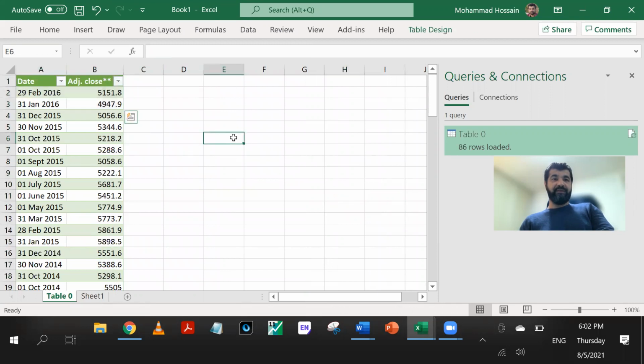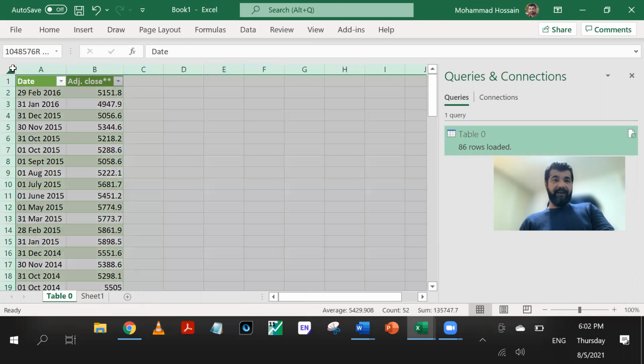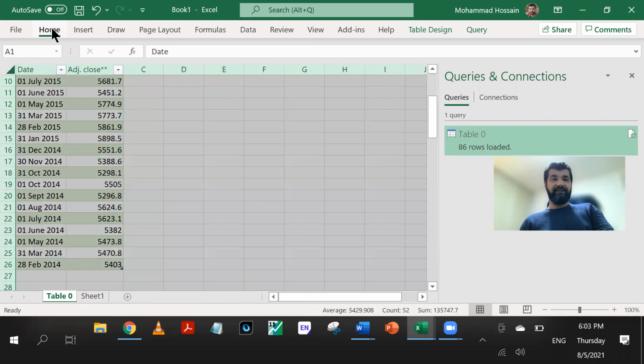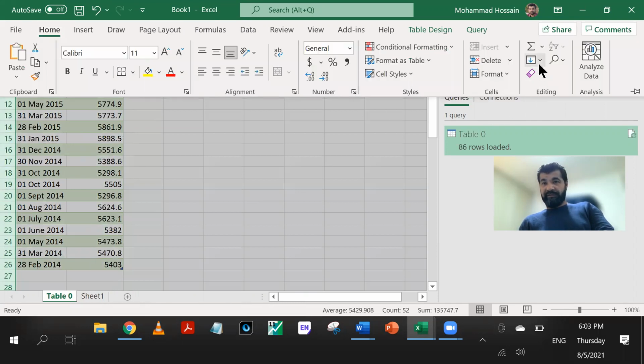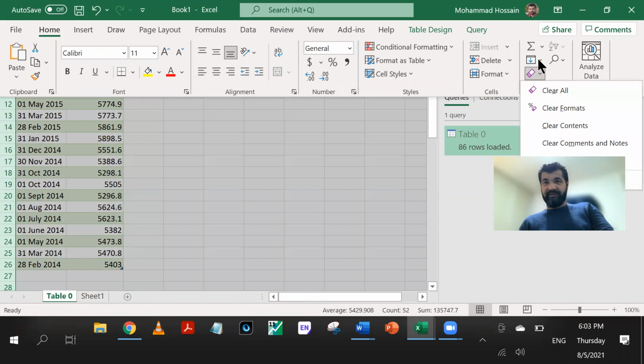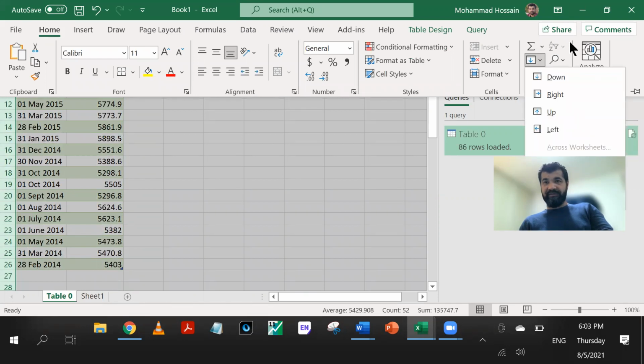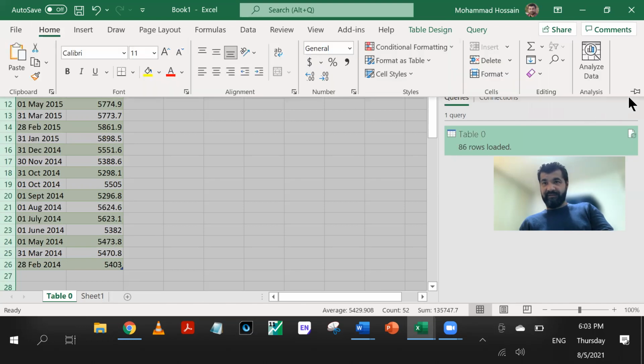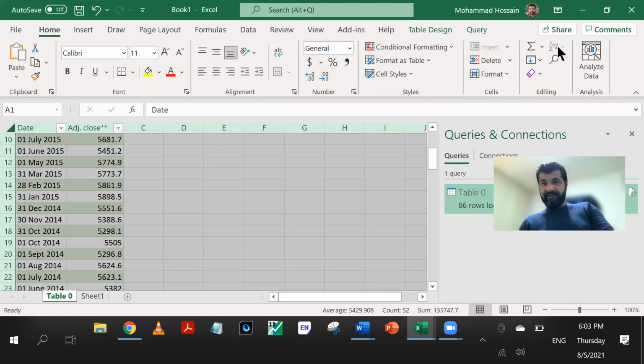Now I want to actually sort them out. Yeah, sorting. What is my sorting actually? I think sorting is in here, filter.